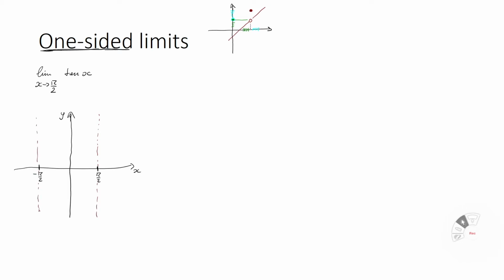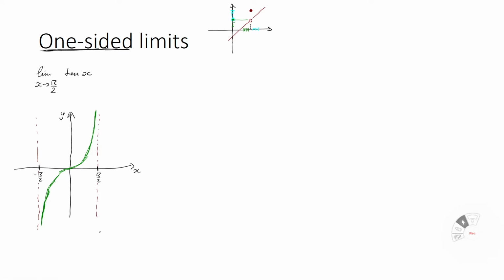What that means is that the graph of the function comes in from negative infinity, goes through 0 like this, and then climbs to plus infinity as x gets closer and closer to pi over 2.